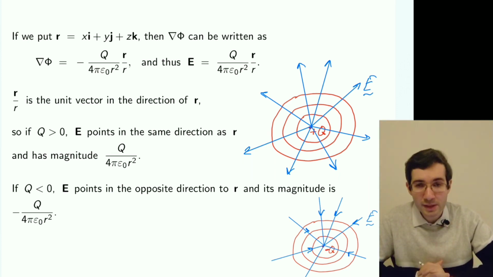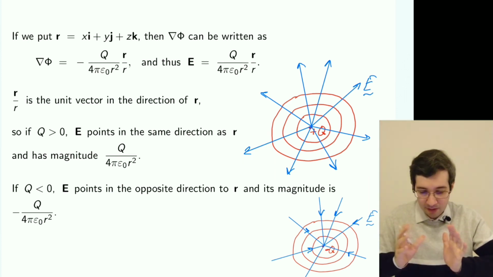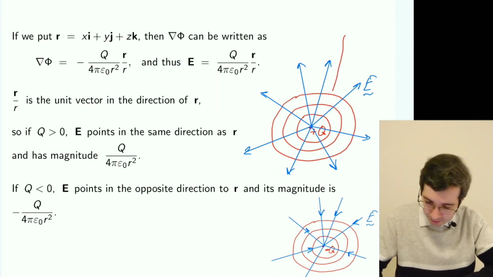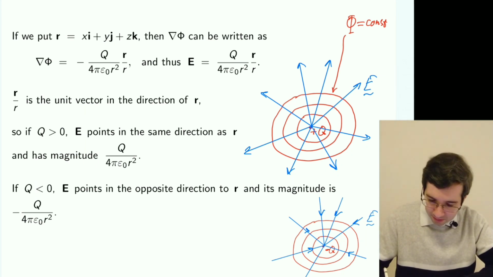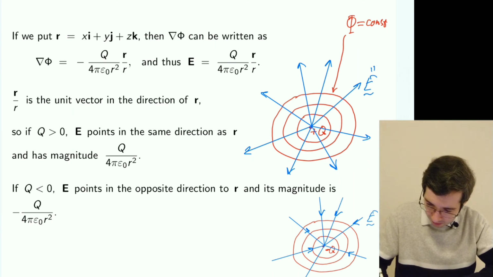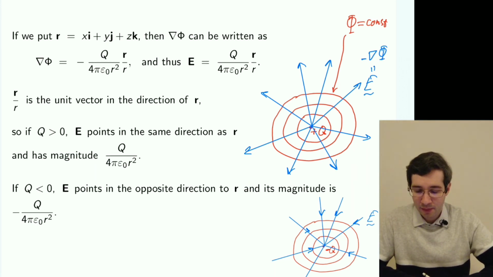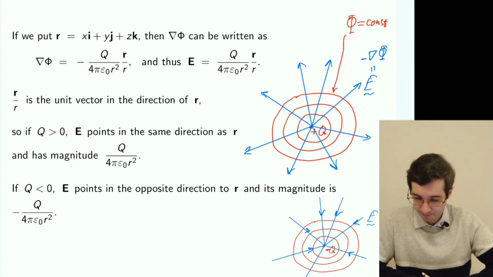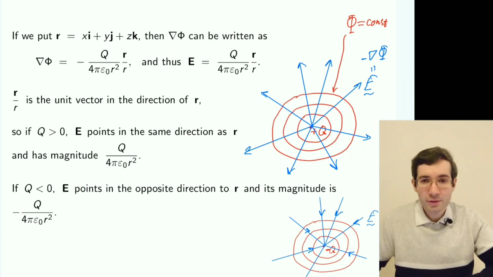But you wouldn't be able to tell it from just looking at the lines. So that line corresponds to a constant potential. And the gradient of that potential will be the electric field, the minus gradient. So that's all we want to know about electric potential for now.